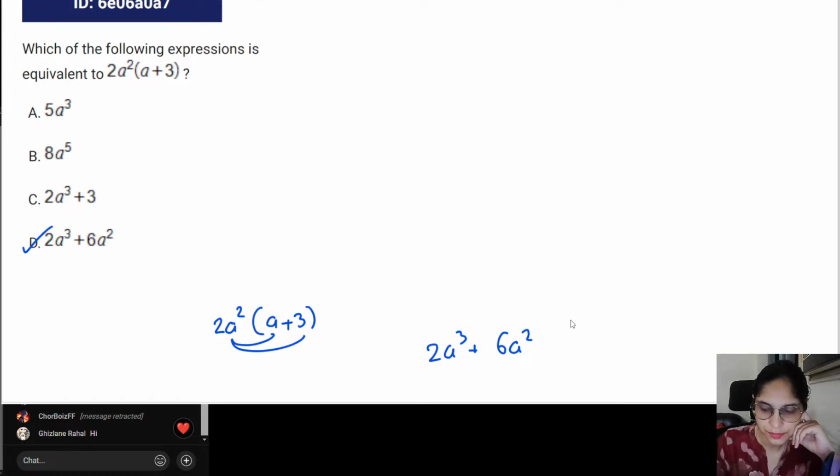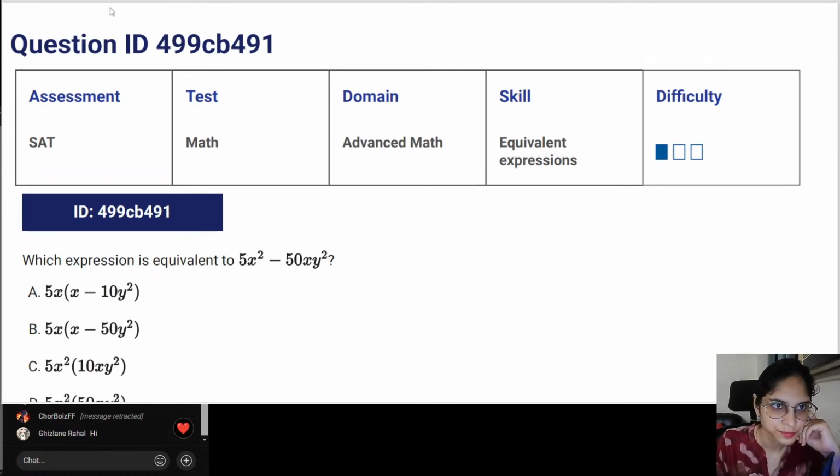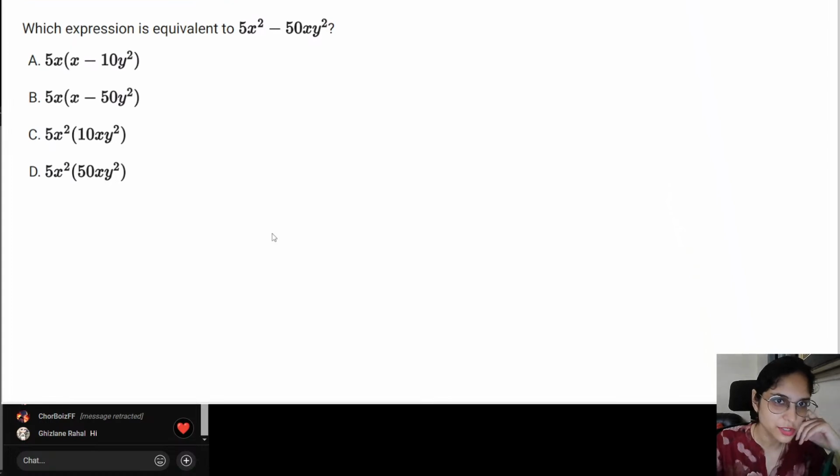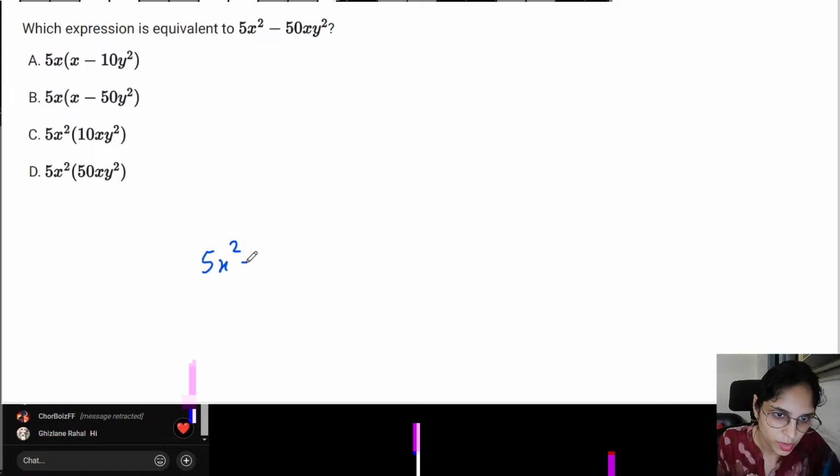48 is the next one. 5x squared minus 50xy squared. So this is also factorization. So far we have been seeing factorization, distribution, PEMDAS, operations on polynomials. Lots of those questions are here.